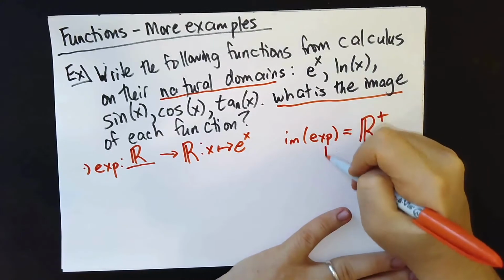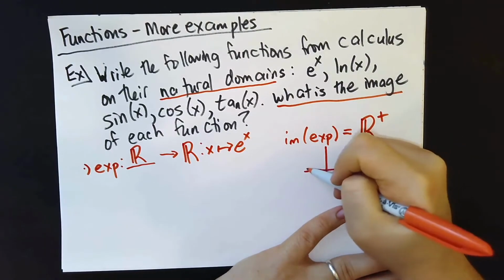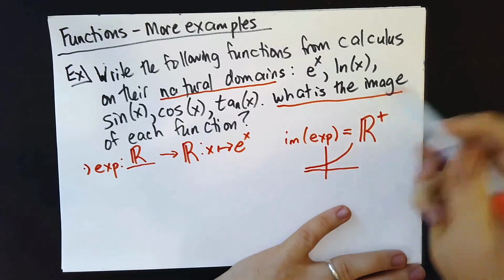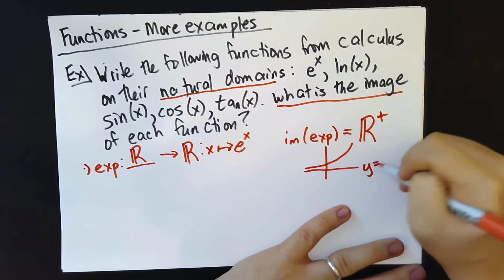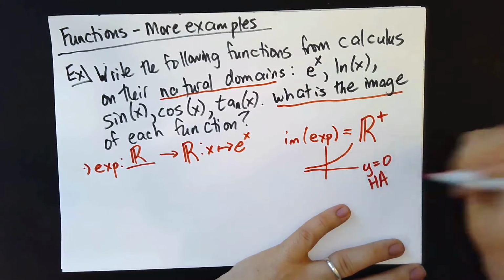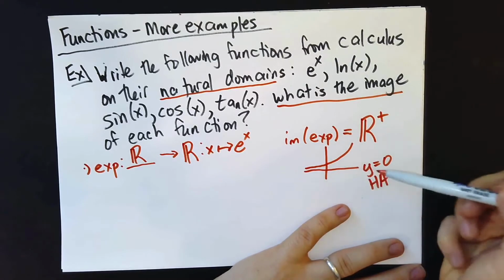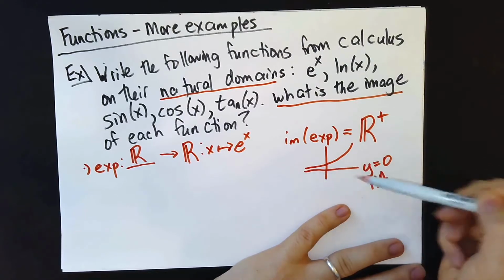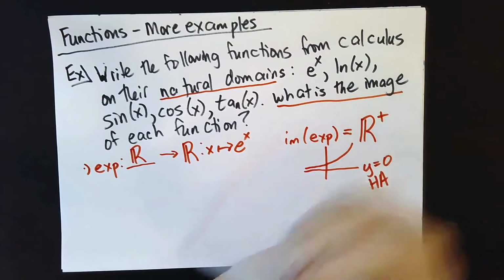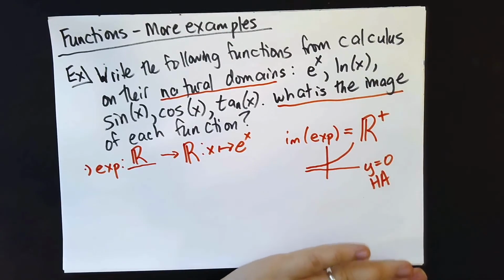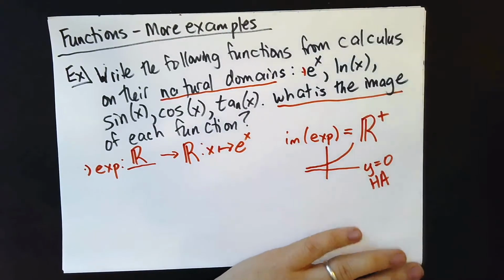Again, it's helpful here when thinking about this to think about what the graph of e to the x looks like, and in particular, this horizontal asymptote here at y equals 0. And so that tells you that though you never get out 0, you get out every number greater than 0. So that is e to the x.